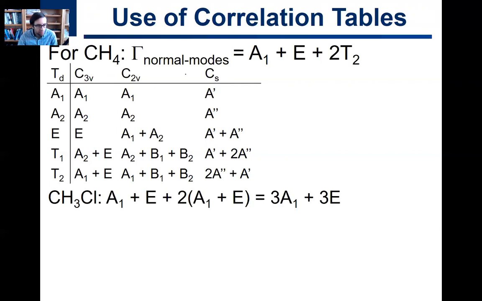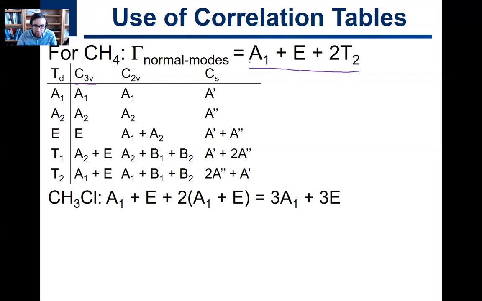So we can ask, well, for chloromethane, we know, well, first of all, for methane, we know that we derived A1 plus E plus 2T2. And a lot of work went into this, right? But now we get to use the fruits of our labor here for some other related molecules that are lower symmetry, right? So chloromethane down here, that has symmetry C3V.